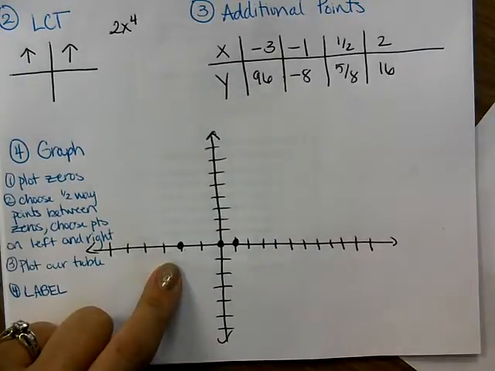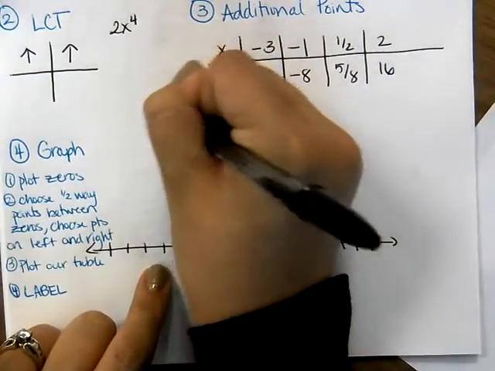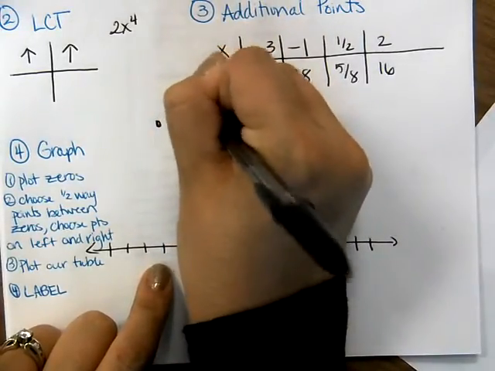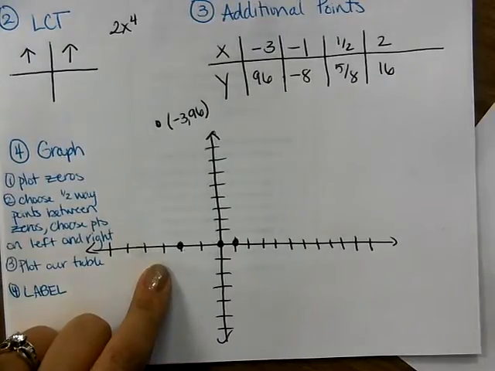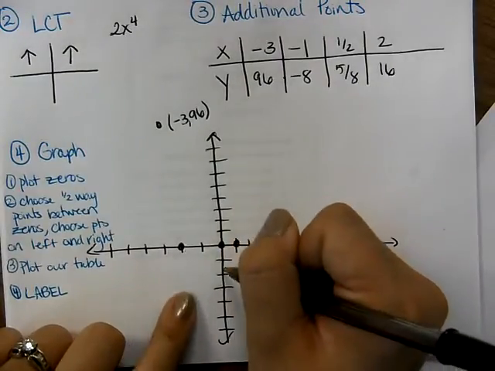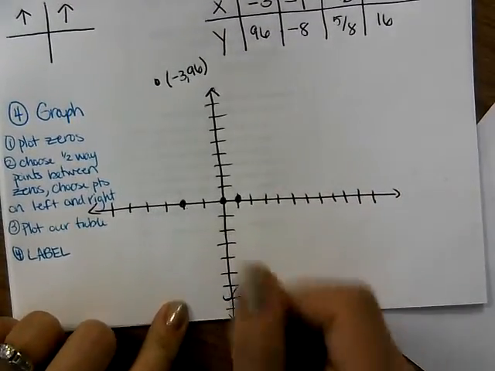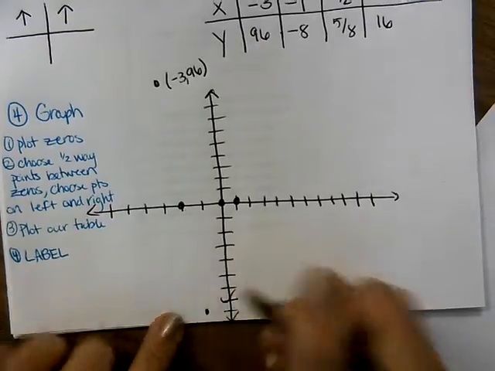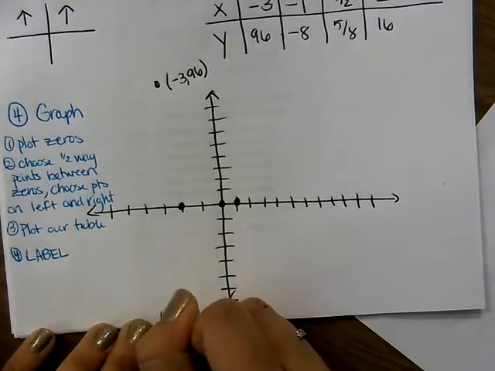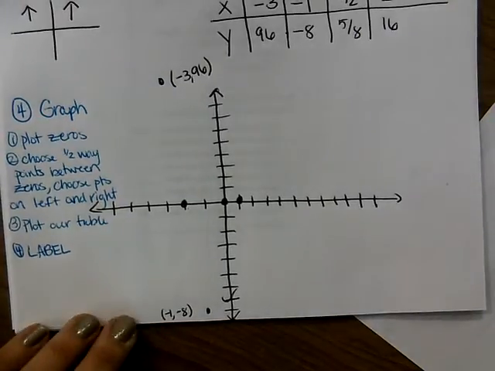If you want to change the scale, you can, if you want to count by something else, but I'm okay if you just put a point up here and label it -3, 96. So we were at -1, -8. I just have to extend this a little bit. That has to be labeled. Our relative minimum, our relative min, has to be labeled.